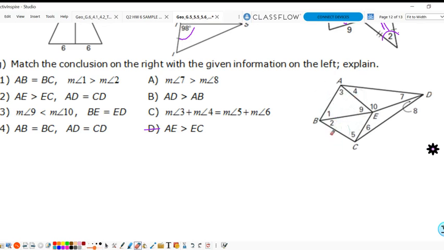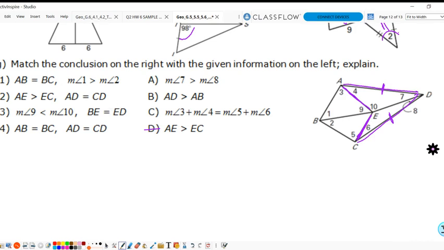When I look at my next set of information, we have AE is greater than, so this segment is greater than EC. AD equals CD, so this congruent to that.